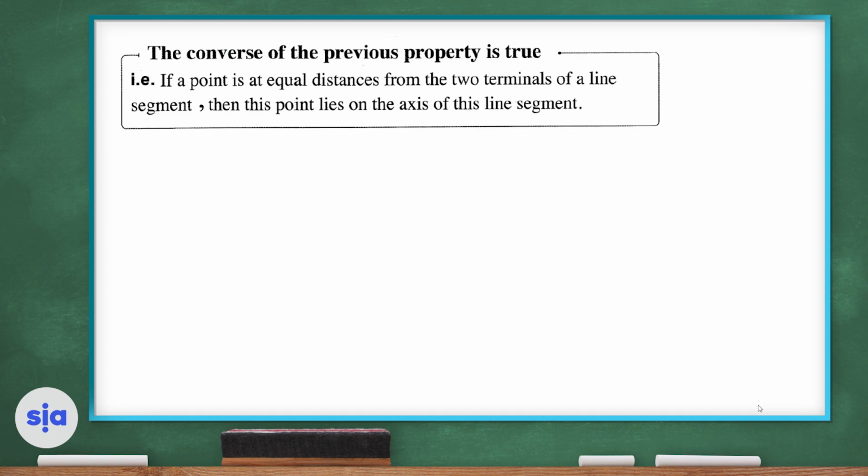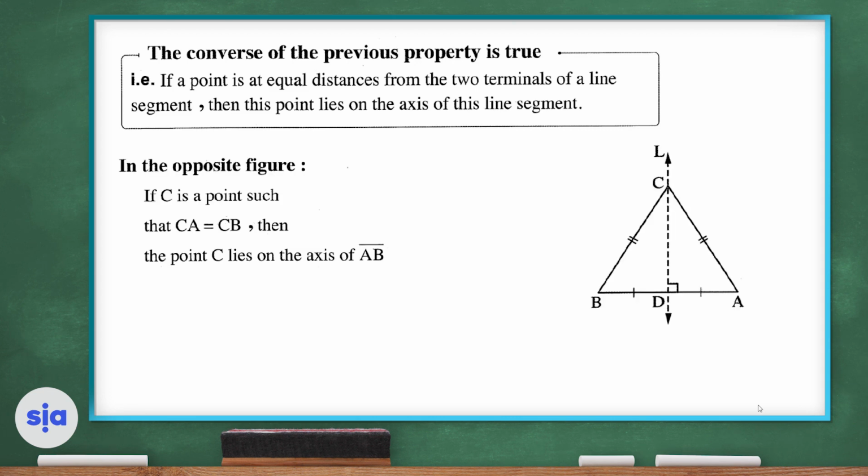If a point is at equal distances from the two terminals of a line segment, then this point lies on the axis of this line segment. As shown in the opposite figure, if C is a point such that CA is equal to CB, then the point C lies on the axis of AB.